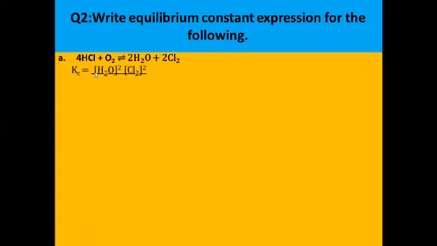So Kc is equal to the product of the active masses of the products over the product of the active masses of the reactants, raised to the power of their coefficients in the balanced chemical equation. The coefficient of this reactant is 4, so we will write 4 as a power. The coefficient of this product is 2, so we will write 2 as a power. The coefficient of chlorine is also 2, so we will write 2 as a power.